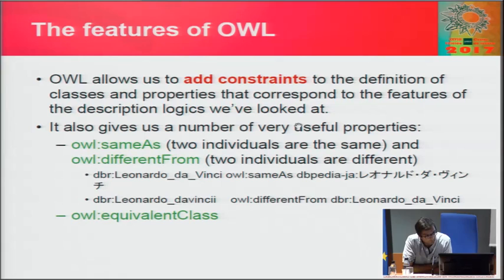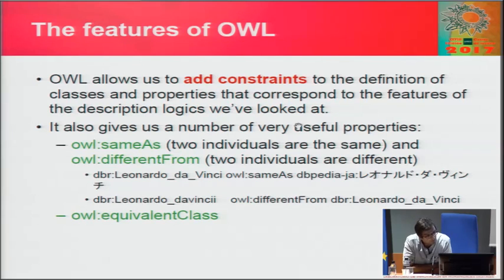OWL gives us the property sameAs, which enables us to specify that 2 individuals are the same, and also the differentFrom property. I've taken these 2 examples from DBpedia. Here we have the DBpedia resource, I think in English DBpedia, referring to Leonardo da Vinci. And I can specify that this is the same as, referring to the same entity as, the DBpedia Japan entry for Leonardo da Vinci, which is obviously written in Japanese.